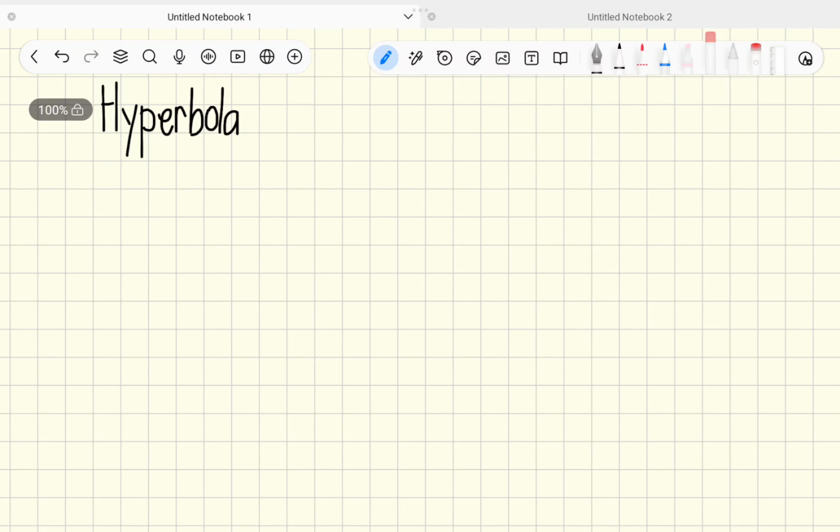The last but definitely not the least conic section that we'll talk about will be your hyperbola. So going back to your double right circular cone.